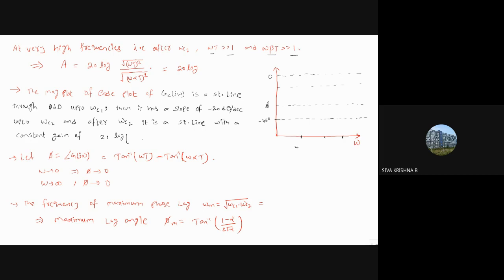In both cases, the 1 is neglected. So do that and tell me the answer. This square and this root get cancelled, omega T gets cancelled. So remaining is alpha. Okay, very good.